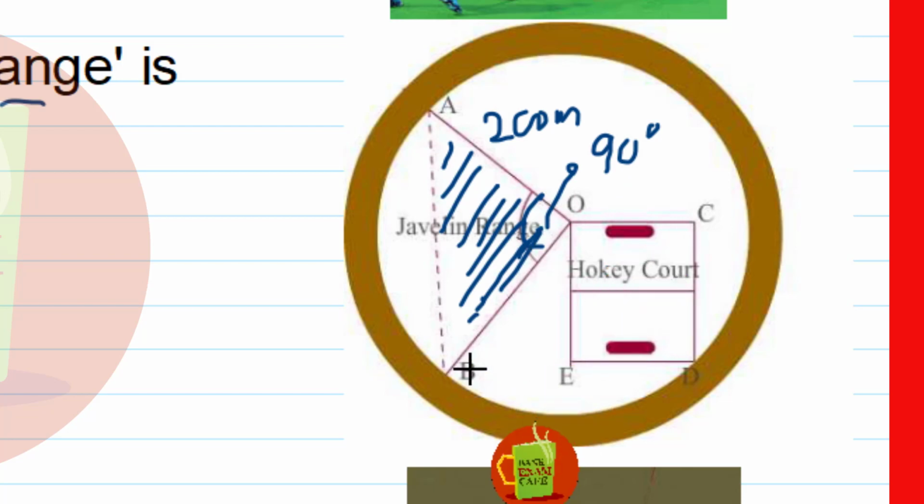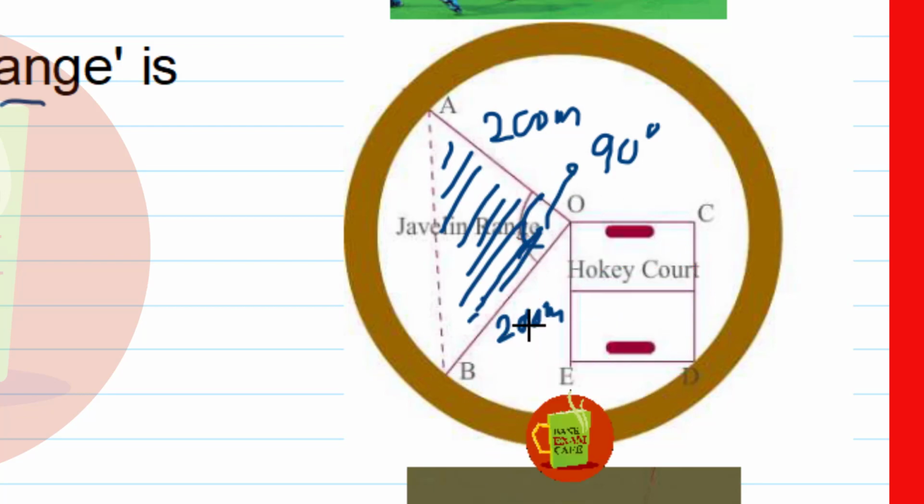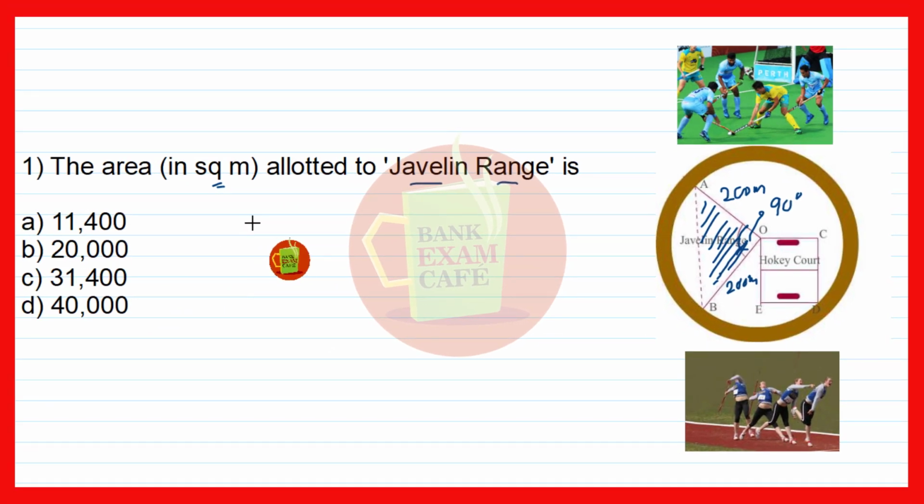This radius is also 200 meter because both are radii of the same circle, so both will be of the same length. Since this is a right angle triangle, if we take OB as a base, then AO will be the height, and we can find the area of this javelin range by the formula 1/2 base into height.